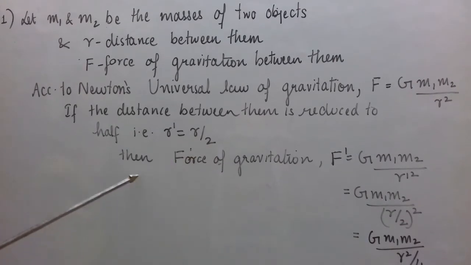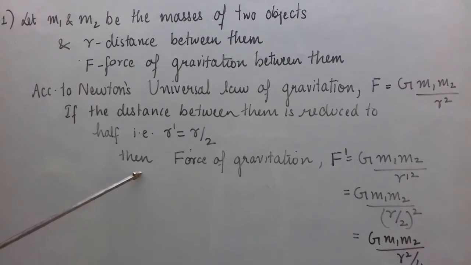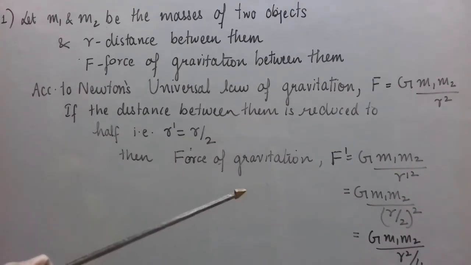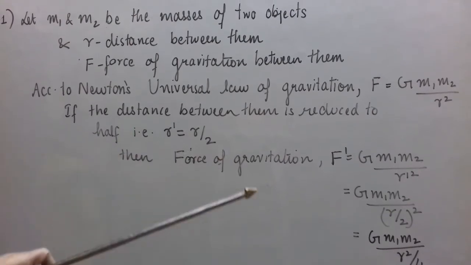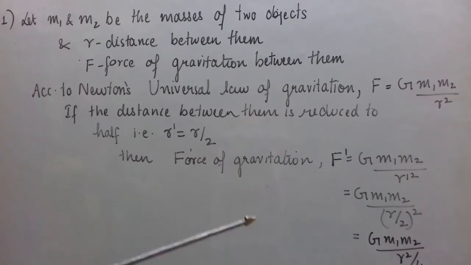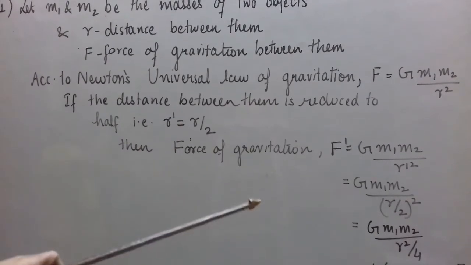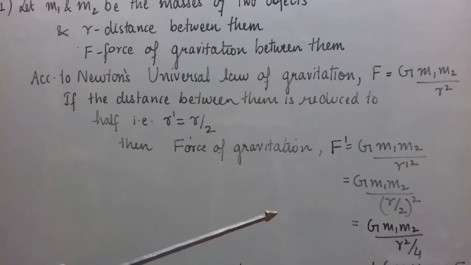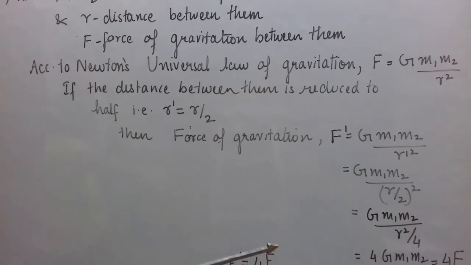You know this force is proportional to the product of the masses of two bodies and inversely proportional to the square of the distance between them. Now the distance between the two objects is reduced to r dash. In the next step I have substituted for r dash, which is r by 2. Remember, it is r by 2 whole square, and when you open the bracket it becomes r square by 4.